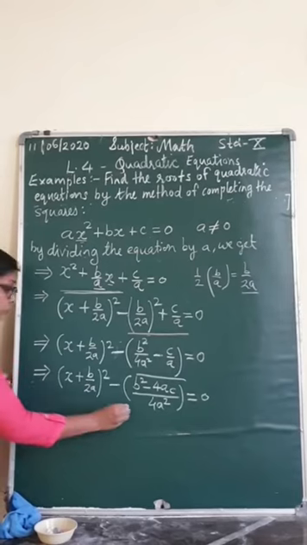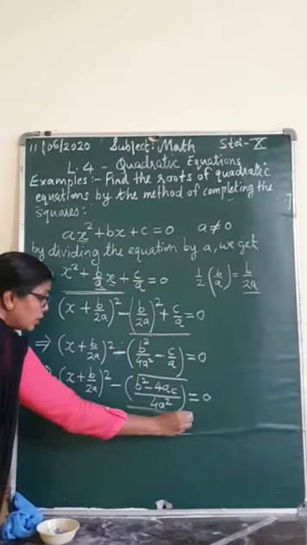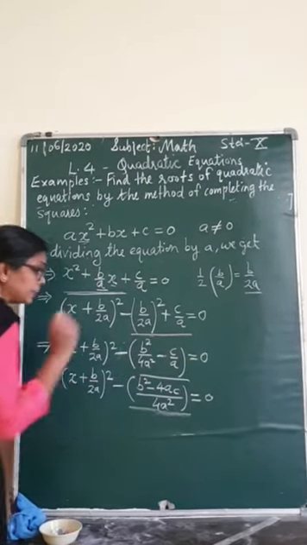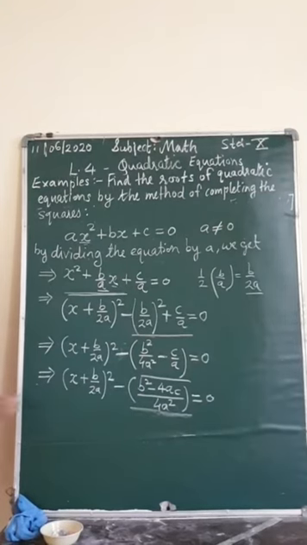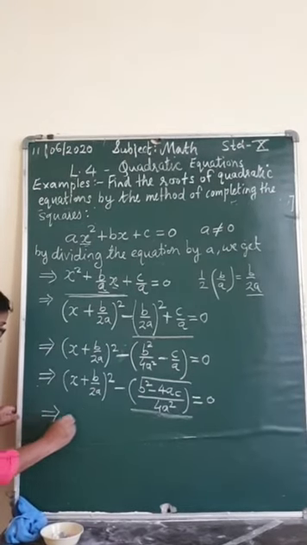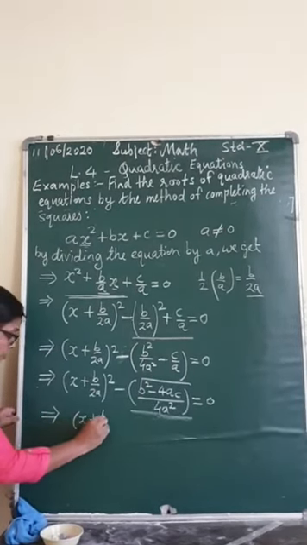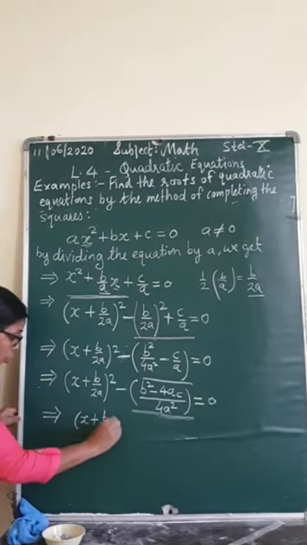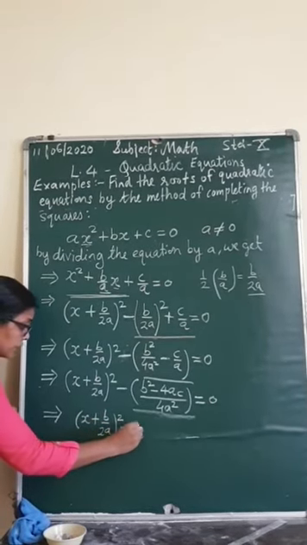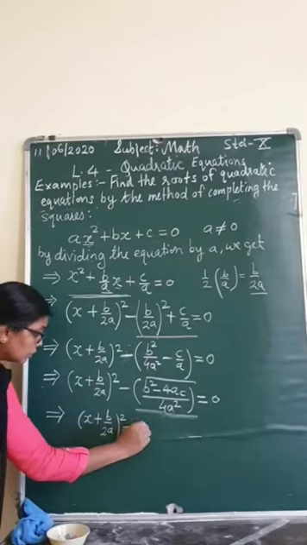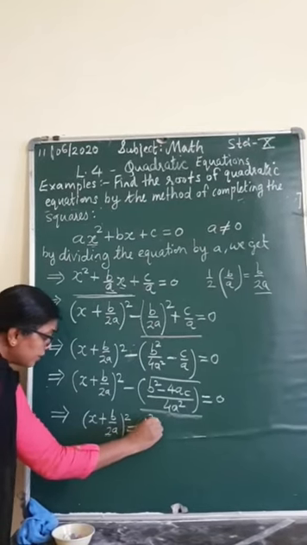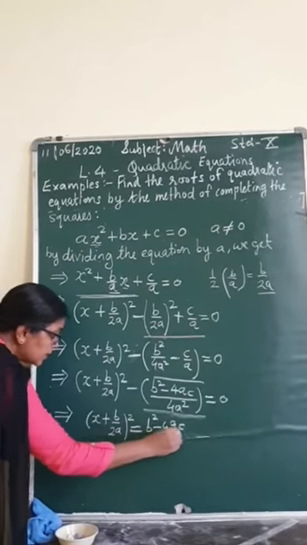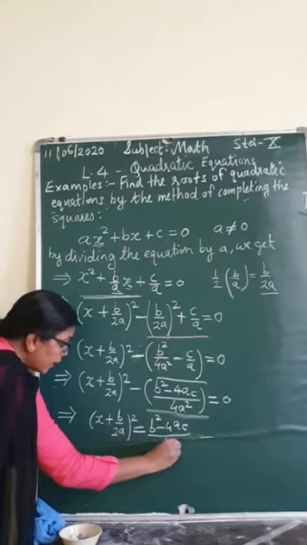Now transpose this to the other side of the equation, that gives us x plus b upon 2a whole square is equal to b square minus 4ac upon 4a square.